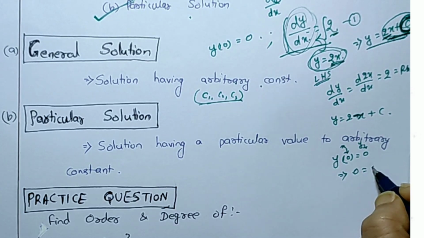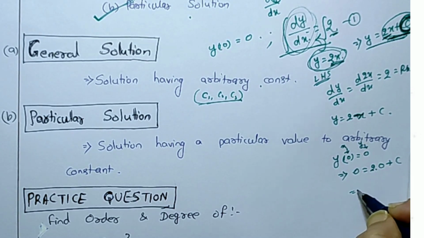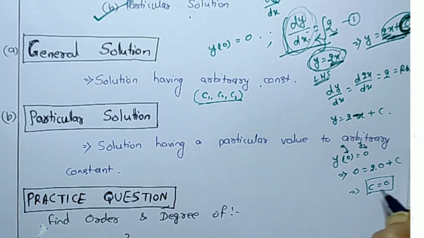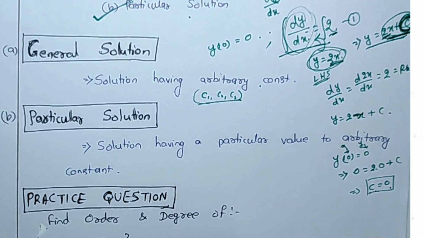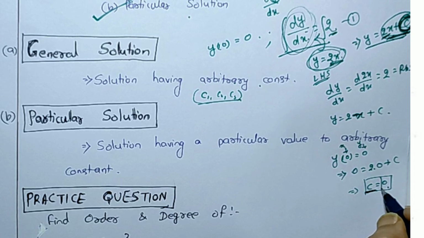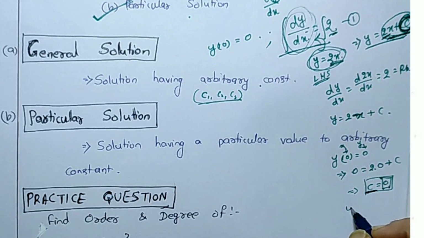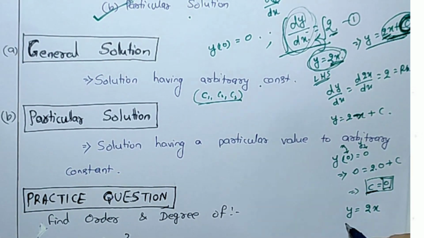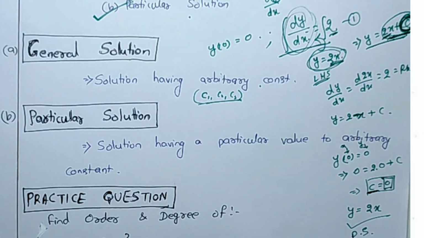So 0 is equal to 2 into 0 plus c, which implies that c is equal to 0. Now I have assigned the arbitrary constant as 0, so my solution is y is equal to 2x. In place of c I put 0. So this is a particular solution.